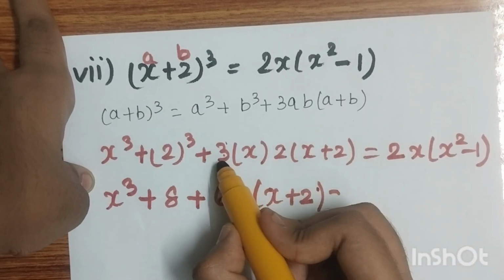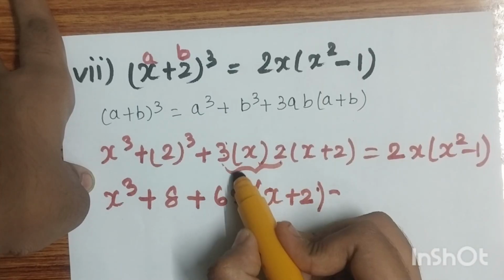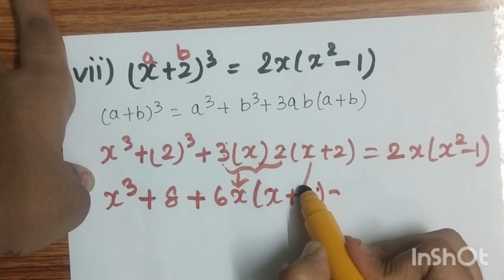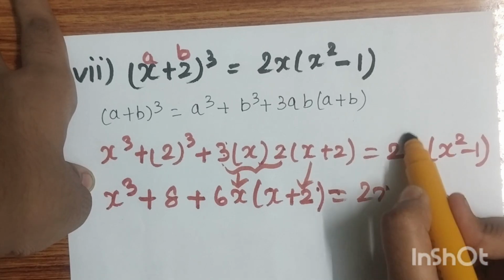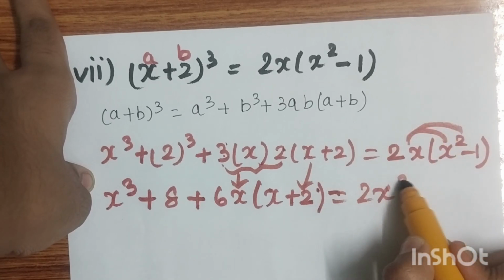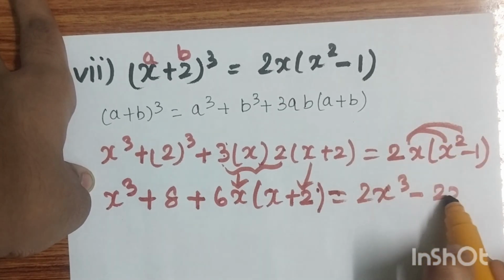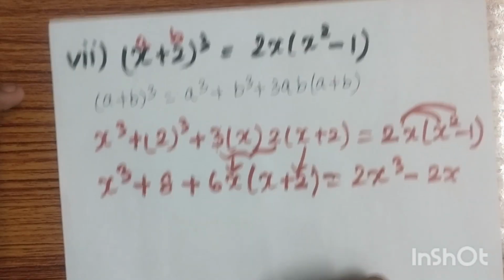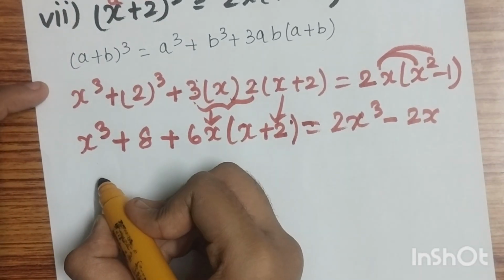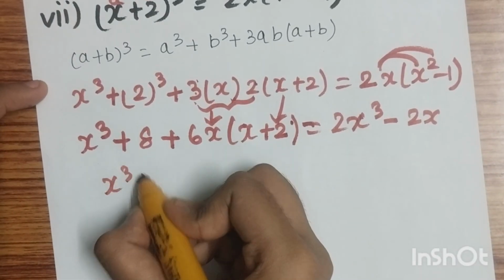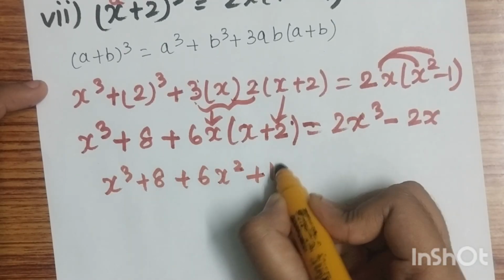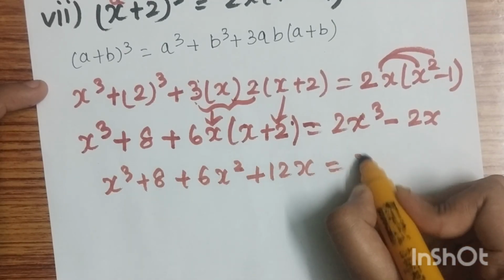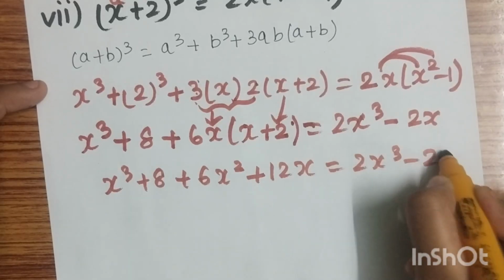So this 3x into 2 I have multiplied and written here. This as it is here, 2x, or you can multiply this inside, so I'll be getting 2x cube minus 2x. Okay, so x cube plus 8 plus 6x square plus 12x is equal to 2x cube minus 2x.